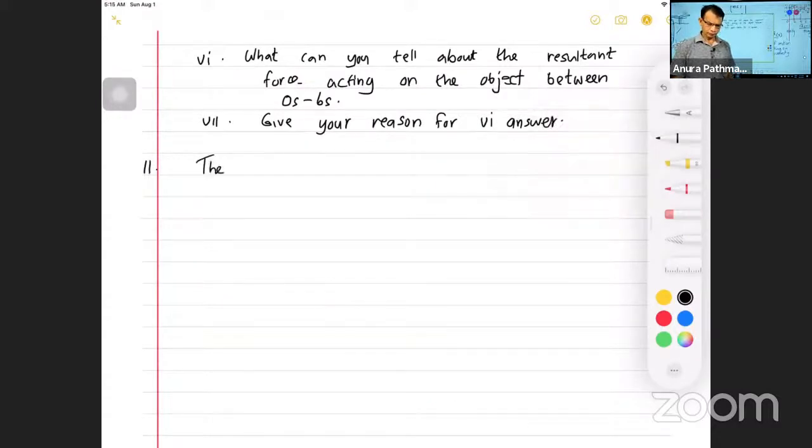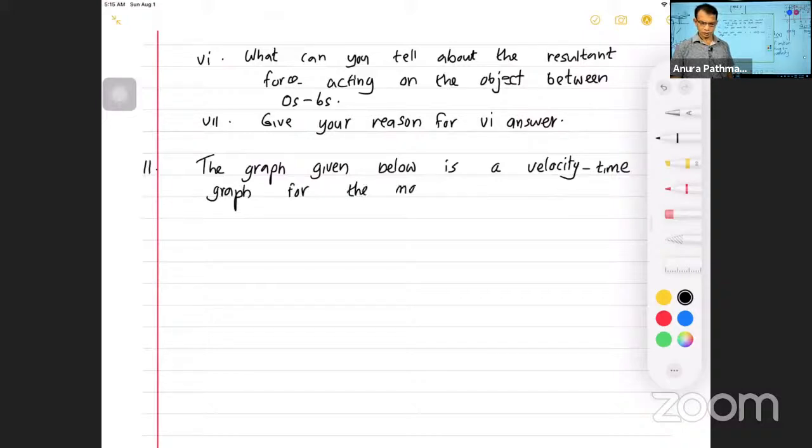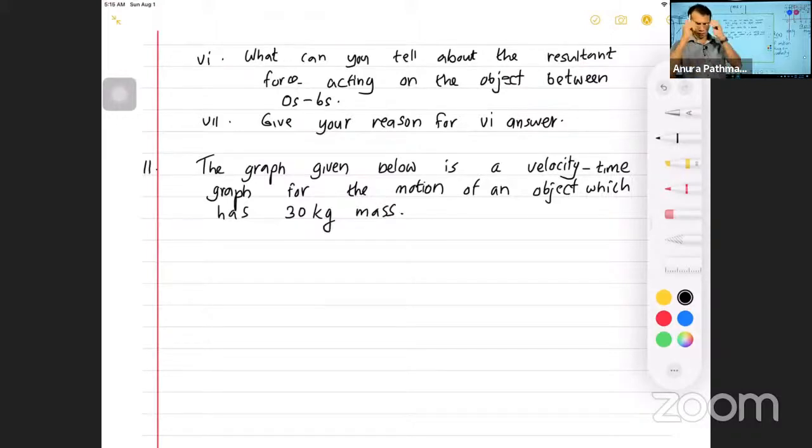The graph given below is a velocity-time graph for the motion of an object which has a mass of 30 kilogram.